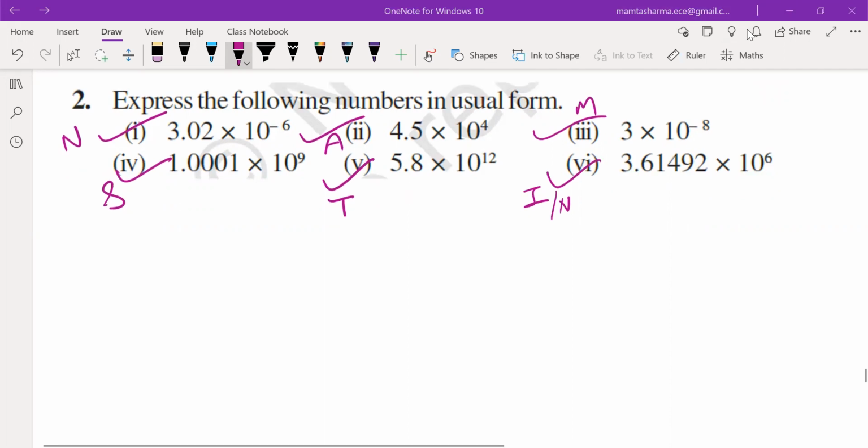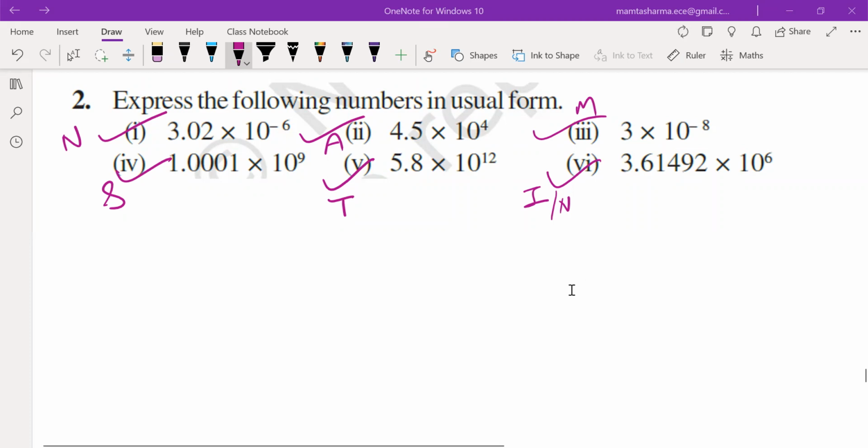Tanvi, I should get your answer first. Yes, what is your answer?